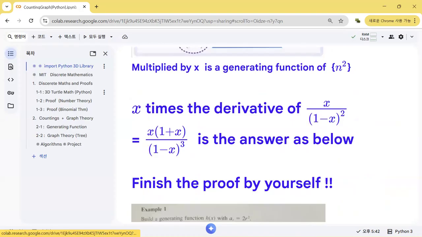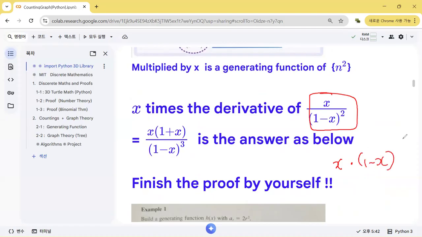I'll find the derivative of this. There may be two ways. This one can be thought of as a product of functions, x times (1 minus x)^(-2). So with the product rule, f g, the derivative is f prime g plus f g prime. So the derivative of x is 1, and then (1 minus x)^(-2) plus, now f is x, x times the derivative of (1 minus x)^(-2).